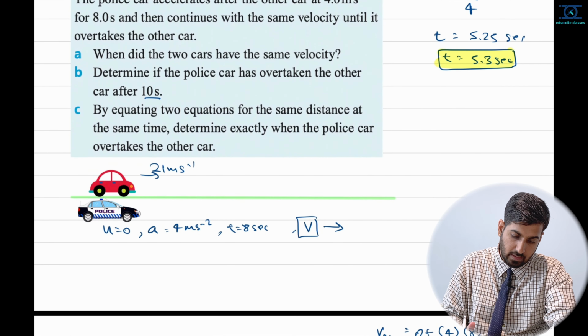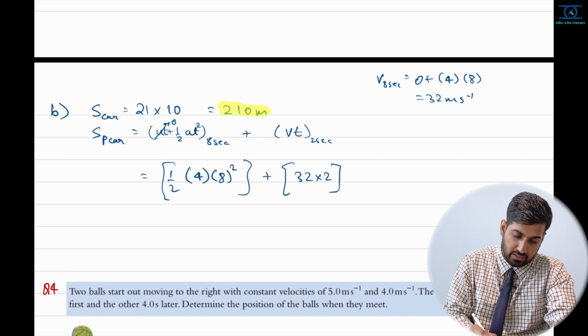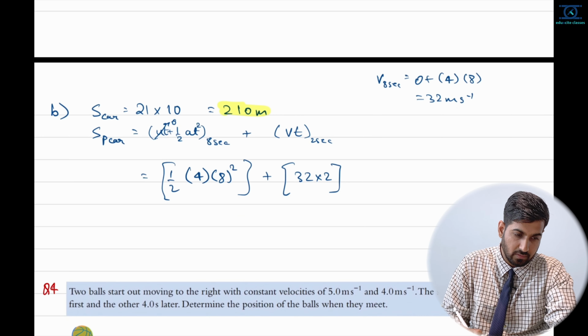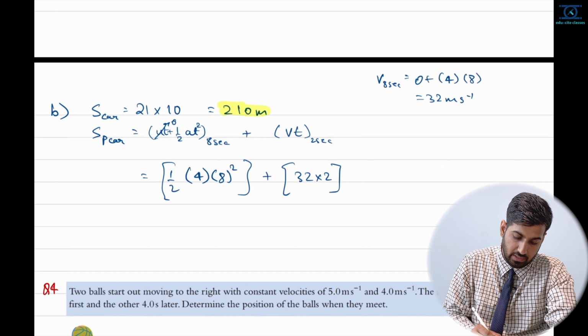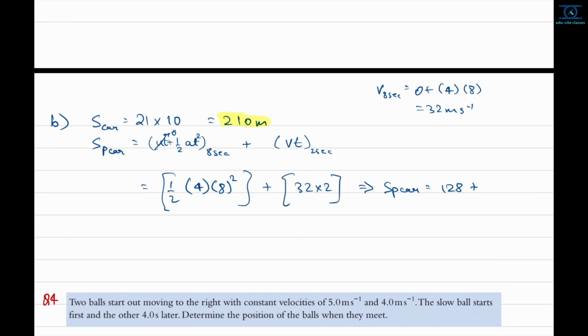If you solve this, you will get the displacement as 128. So S of the police car is equal to 128 plus 32 into 2, which is 64, that is equal to 192 meters. Now you can compare the values, right?